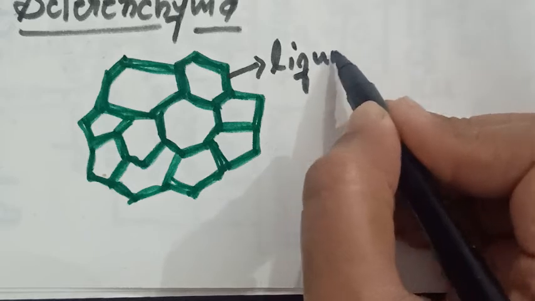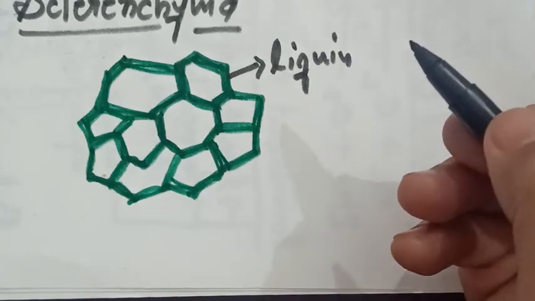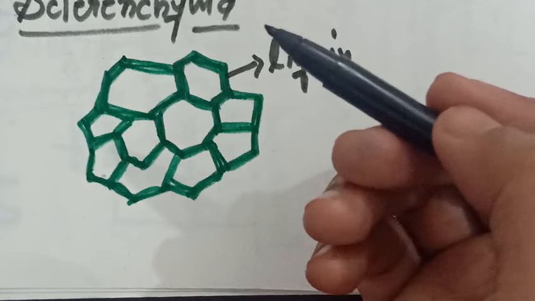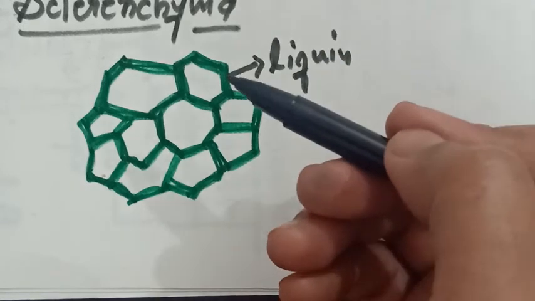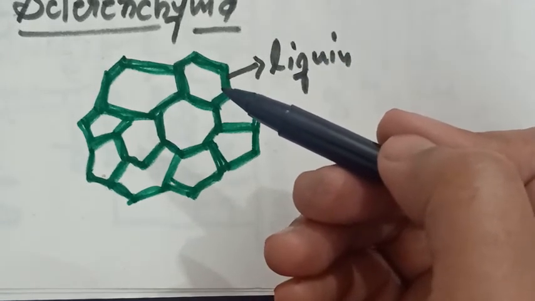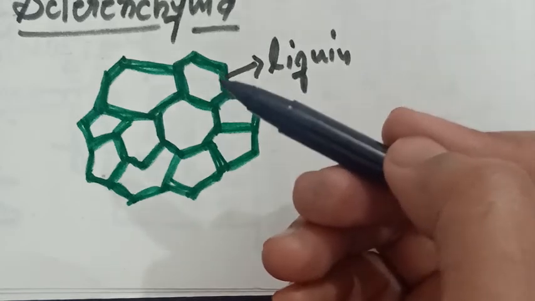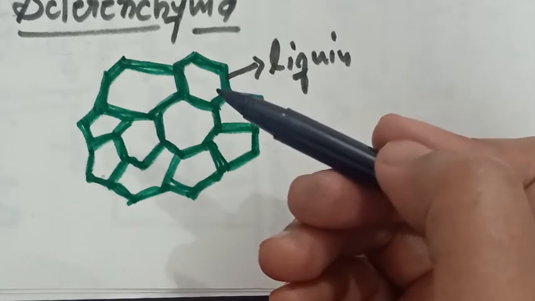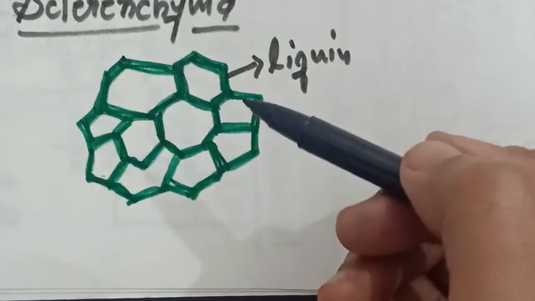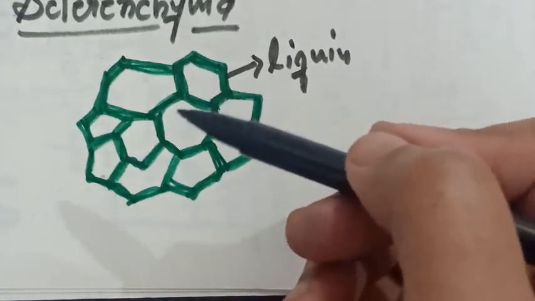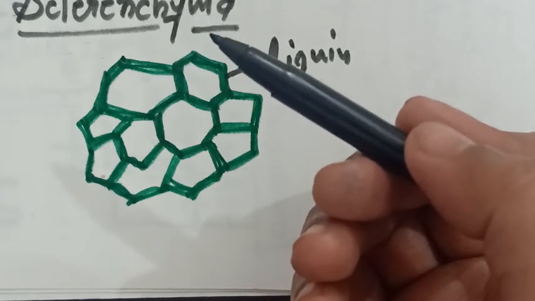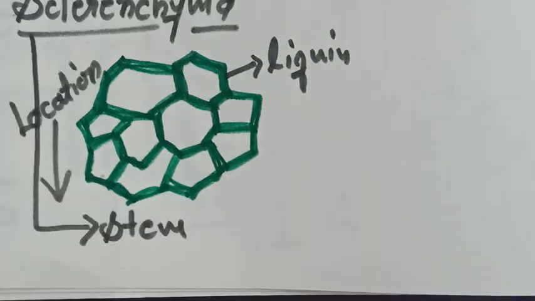Because of this, the cell walls are thick, and it gives them waterproofing. Next, they are generally tightly packed without any intercellular space. Now the location: they are found in stems, veins, midrib of leaves, nutshells and hard shells.